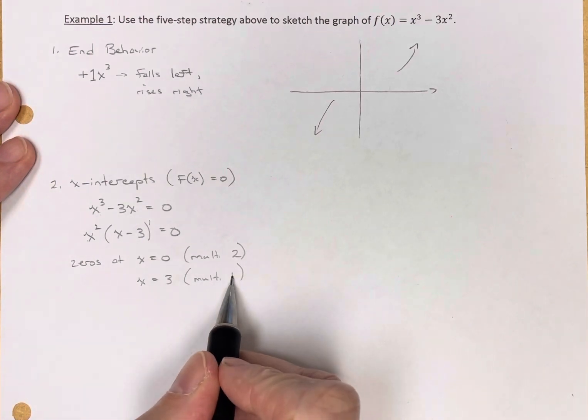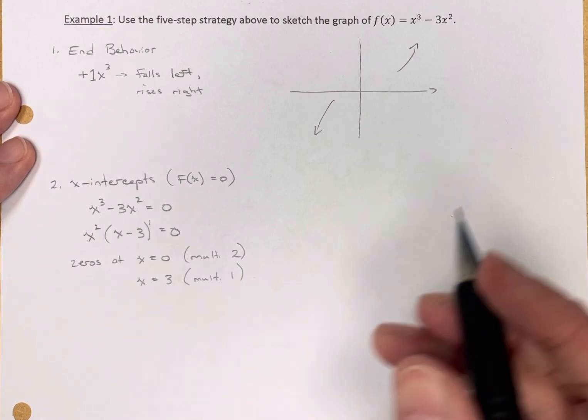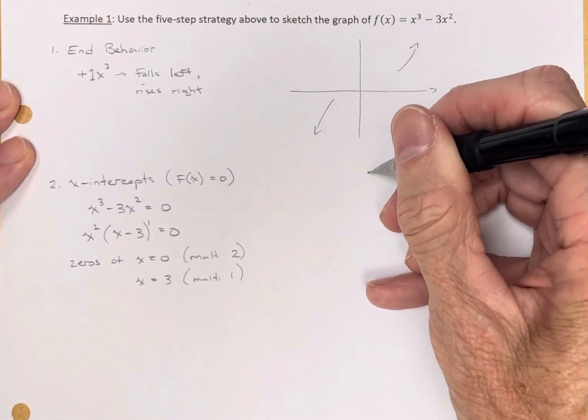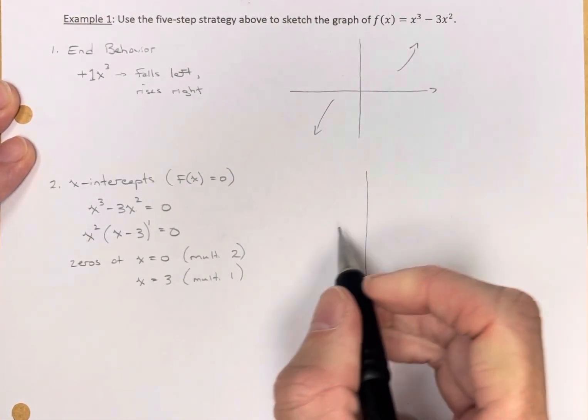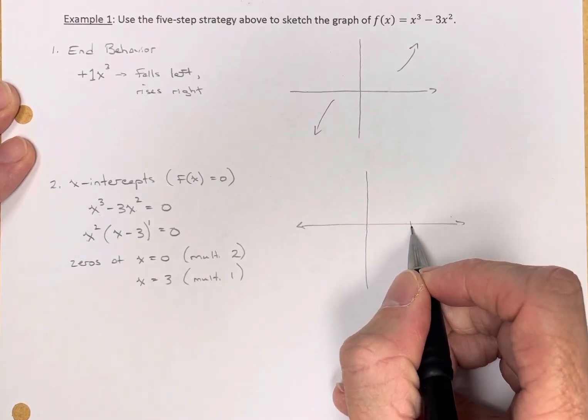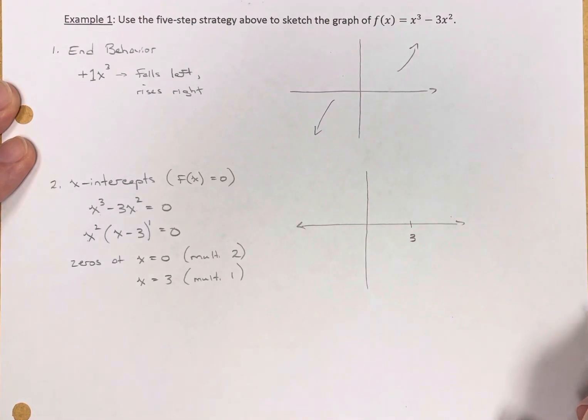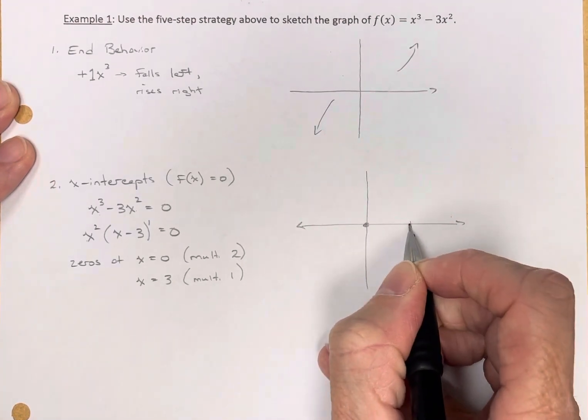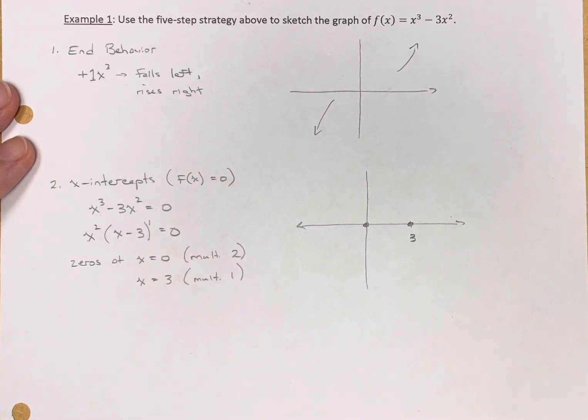That's an odd multiplicity, which means it crosses the x-axis at x equals 3. So starting here, we'll draw another sketch. Okay, at 3, we're crossing, and at 0, we're touching and turning around.